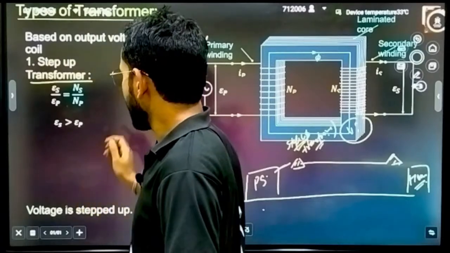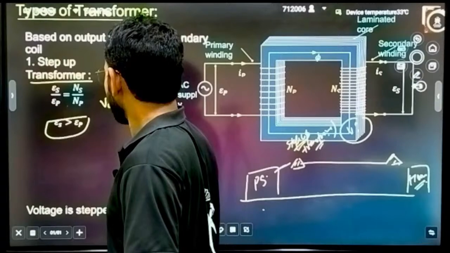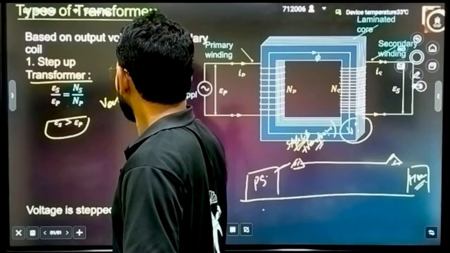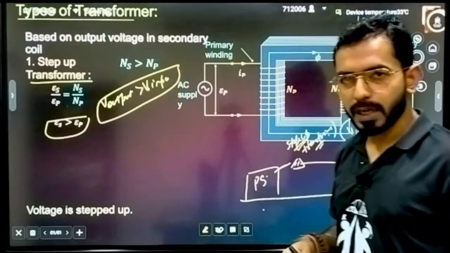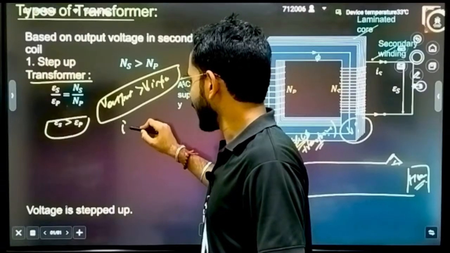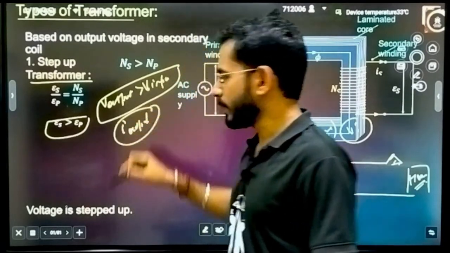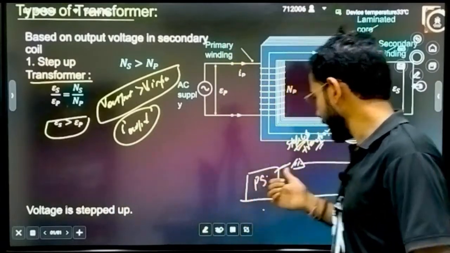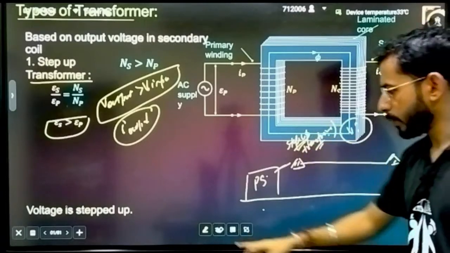What we are trying to do is create the output potential higher than the input potential. So due to that, what will happen? The current that is going to go in the output will be decreased, correct, because EMF and current are inversely proportional. If the potential is very high, current will be low.